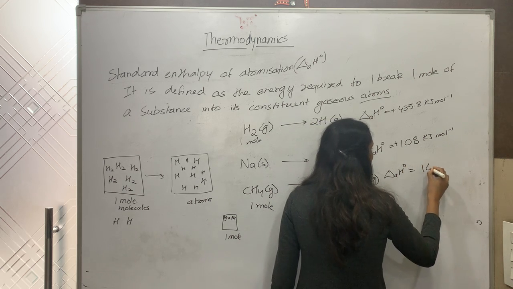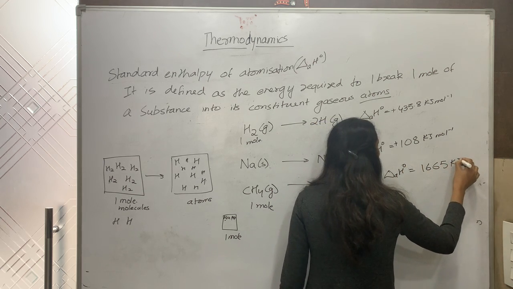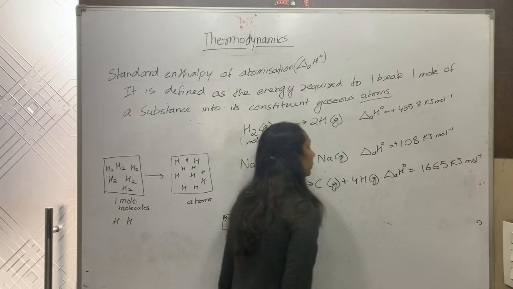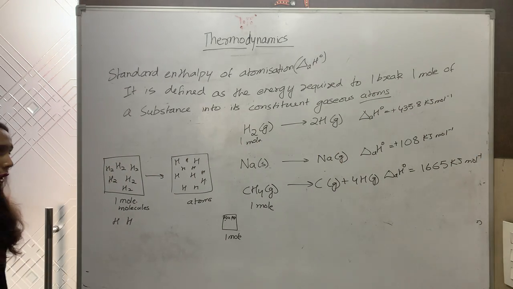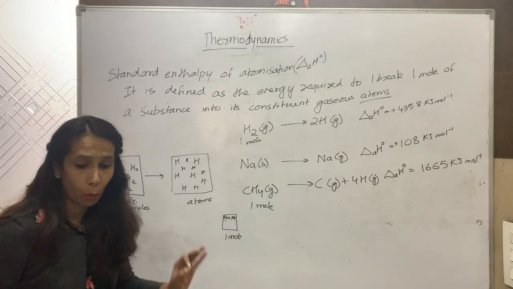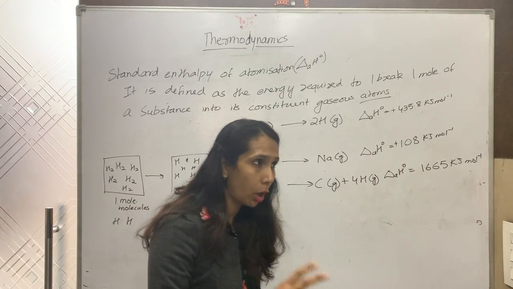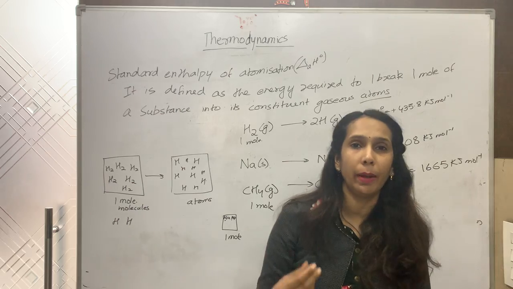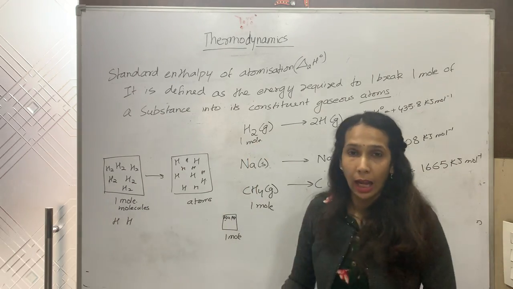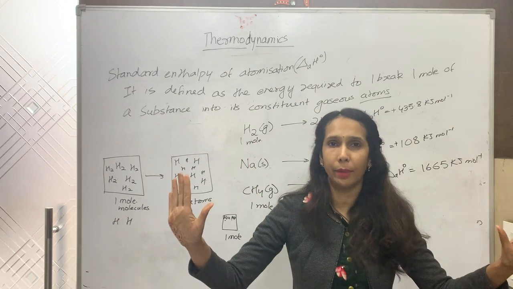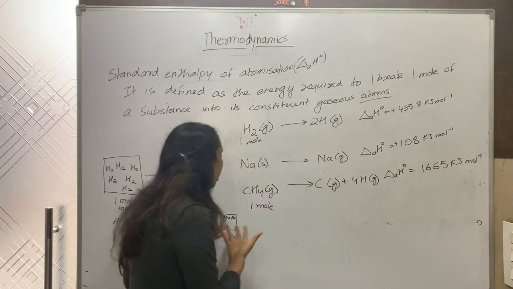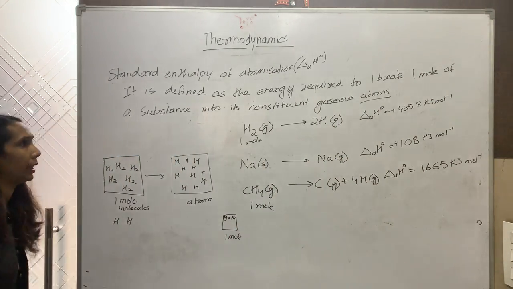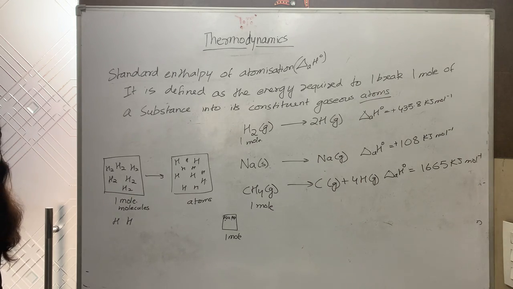The enthalpy of atomization is this much, kilojoules per mole. So this is what is enthalpy of atomization. Energy which is required to break 1 mole of any substance. It may be solid, it may be liquid, it may be gaseous. This is gaseous. I have to break it into separate atoms, gaseous atoms. Then the energy which is required to do that is called as standard enthalpy of atomization.